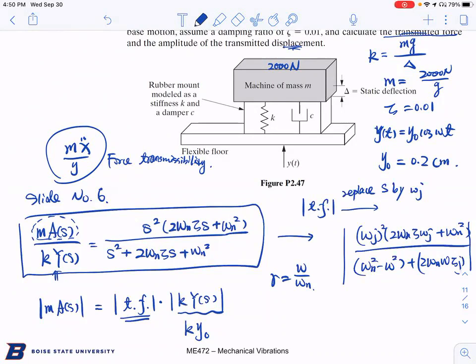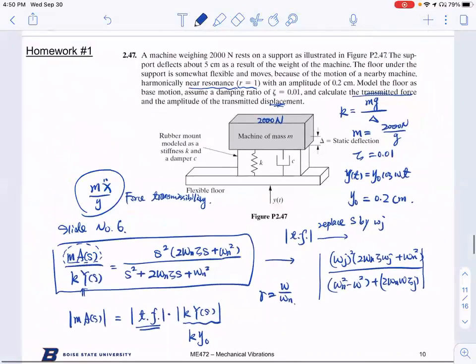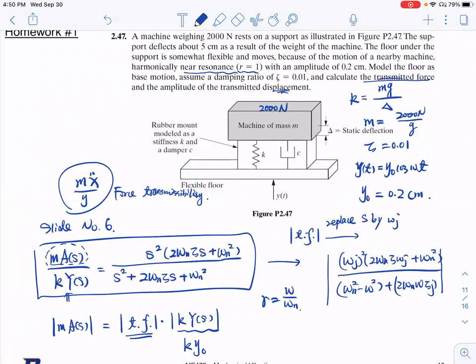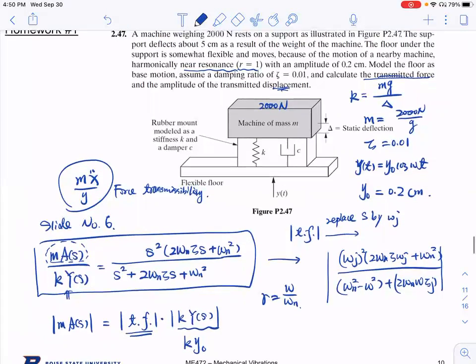All right. So whenever you see a problem asking for steady state response, for example, what's the transmitted force at steady state, that means you have to use a Laplace transform and then use the transfer function. Just remember to pick the right transfer function, and you also need to identify the correct input and output.